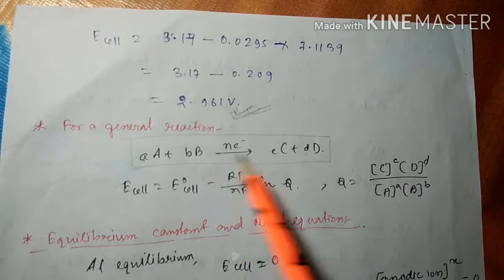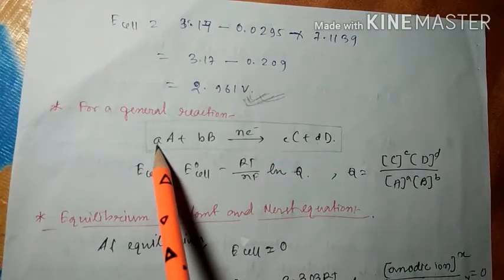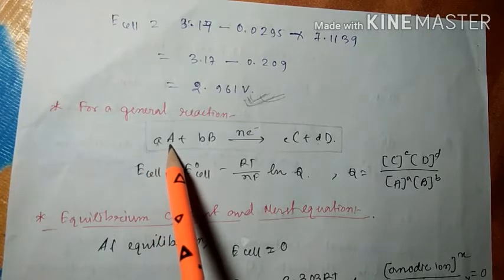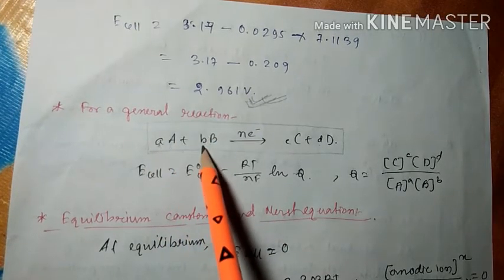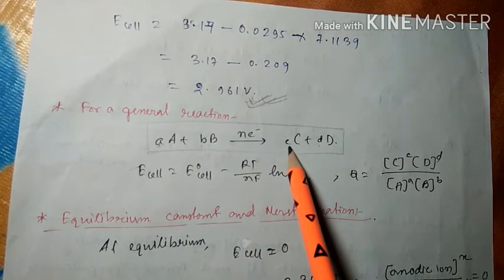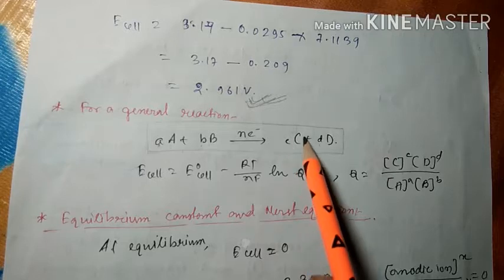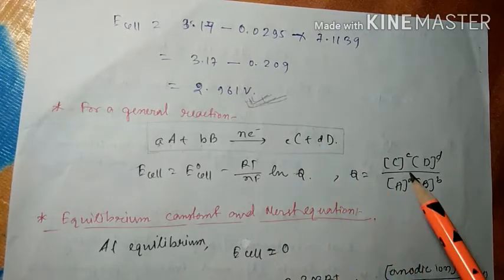A and B are the reactants and C and D are the products. Now see. Small a moles of capital A react with small b moles of capital B reactant, and form small c moles of capital C product plus small d moles of capital D product.